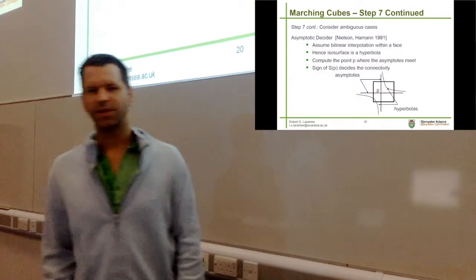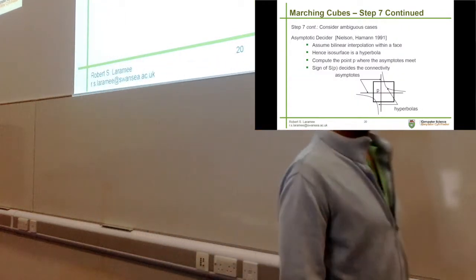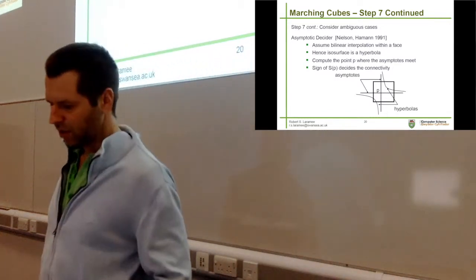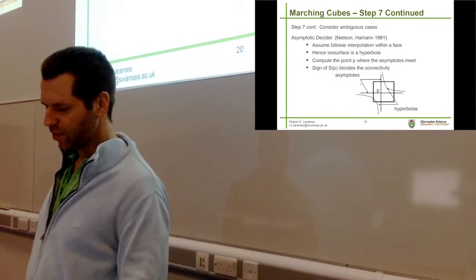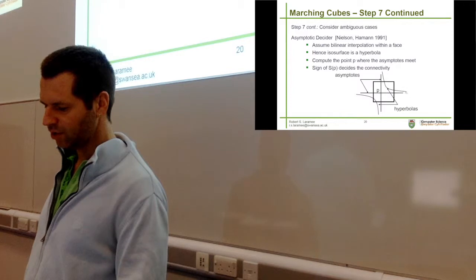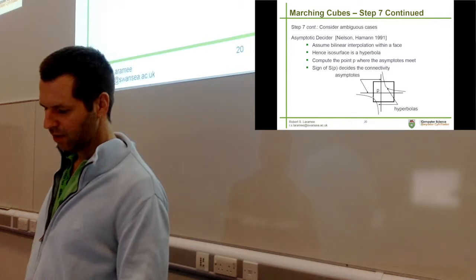Another method that's a little bit more sophisticated, a little bit more complicated, is we assume that the isosurface forms an asymptotic or a hyperbolic surface, right? We just assume that the isosurface passes through the cube these 2 ways.